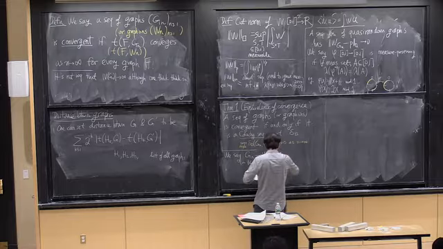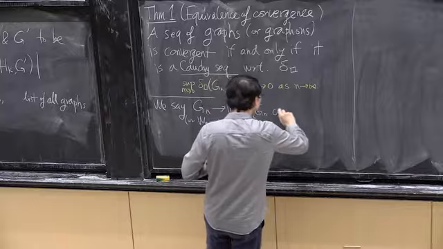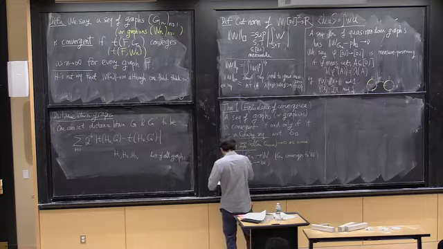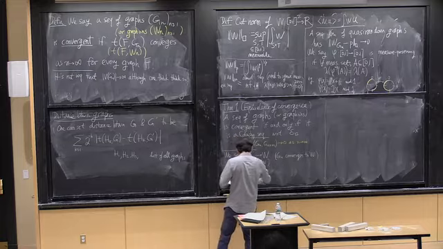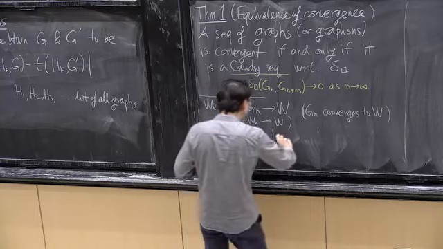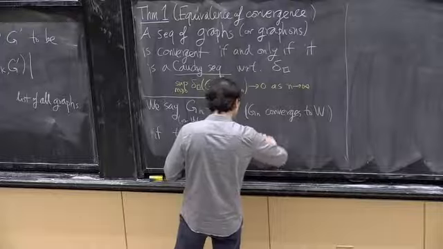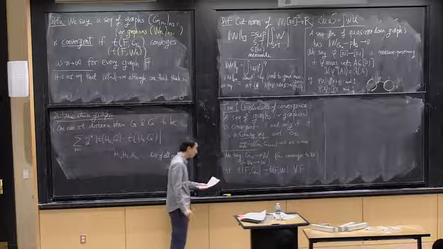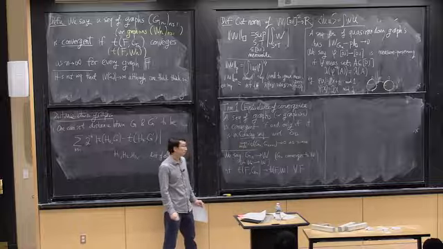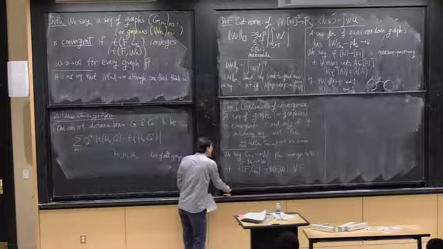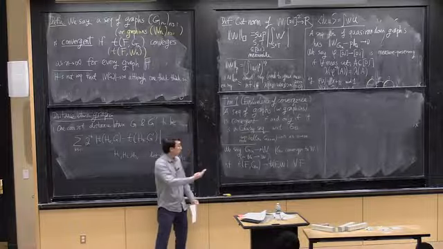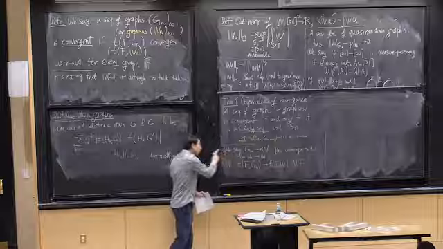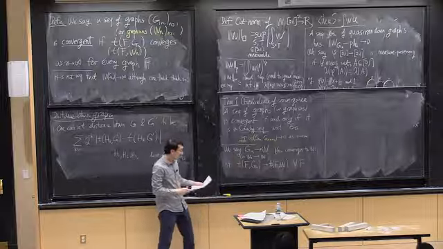So here we say that G sub n converges to W if whenever you look at the F density in G sub n, this sequence converges to the corresponding F density in W for every F. And similarly, if you have a graphon instead of a graph. Okay, so that definition was just whether a sequence is convergent. Here it converges to this graphon W.